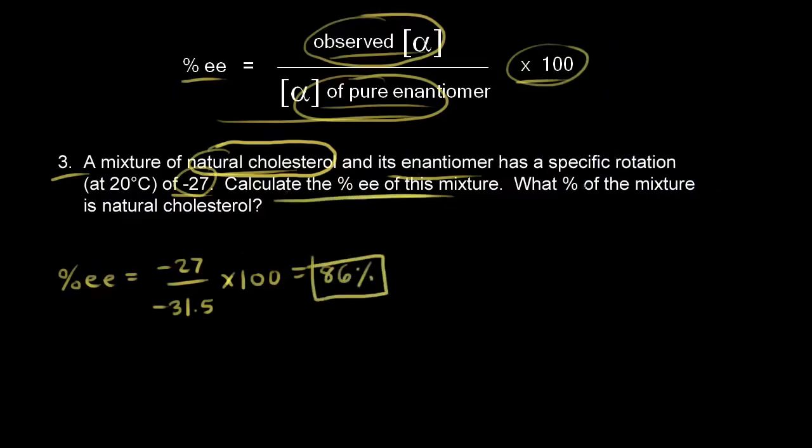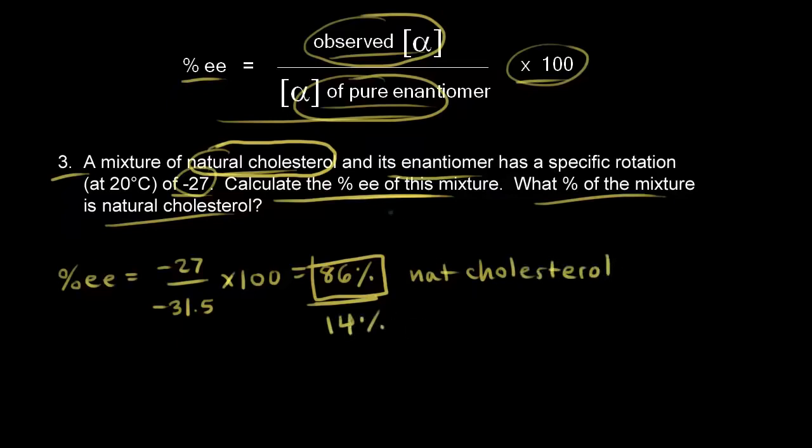Our next question is, what percentage of the mixture is natural cholesterol? Well, 86% was our enantiomeric excess. So if we think about this as being 86% of natural cholesterol, so let me write this down here, 86% of natural cholesterol, and the remaining 14% must be a racemic mixture.